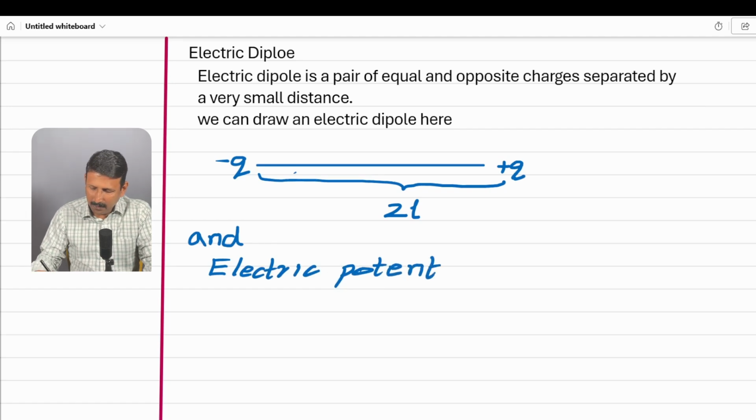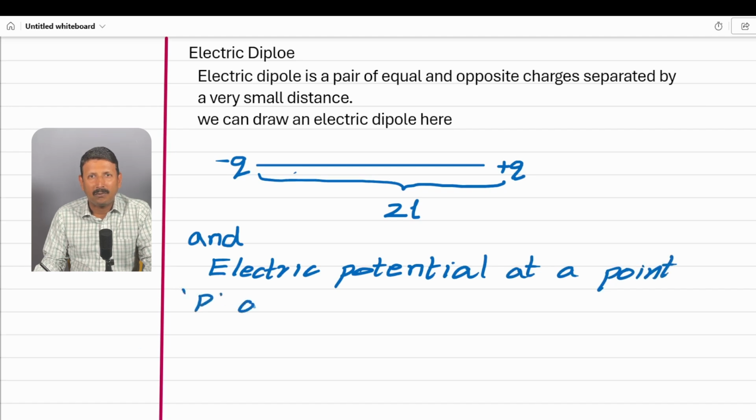Now we are going to write the electric potential. What is electric potential, you heard, right? Usually we just say potential, that means electric potential.